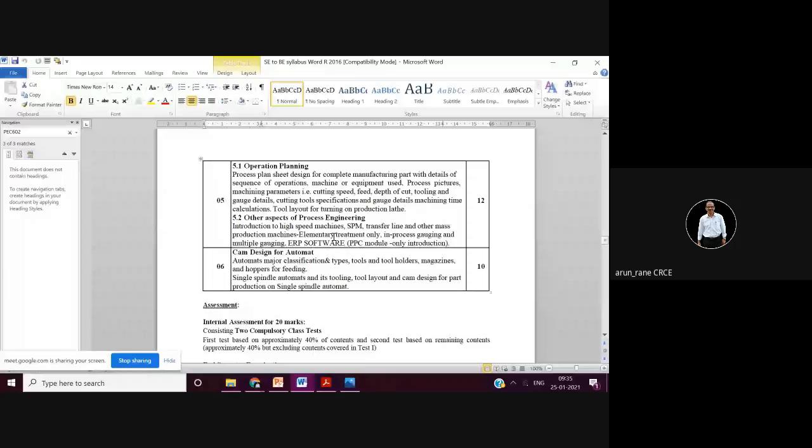And then there are a few aspects of process engineering, like what are high speed machines, what is SPM, what is a transfer line, and finally cam design. So here there is a kind of numericals, and this is again totally numerical.